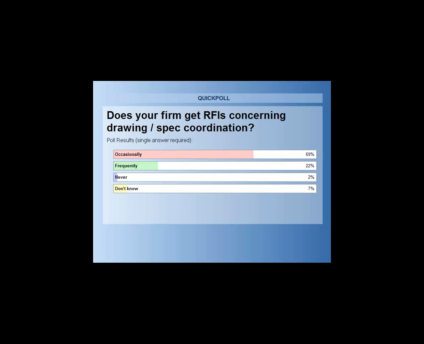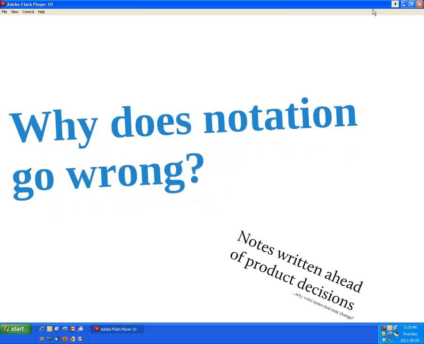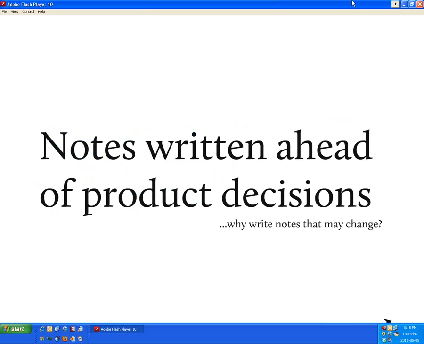Okay, Louis, go ahead. We're going to talk about why notation goes wrong. Let's go back to the slides here. There we go. Well, of course, the main thing is getting ahead of our knowledge base, the decision base.